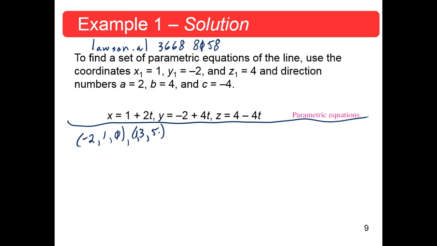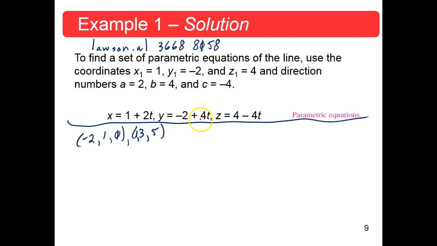Sorry, crowded there. Okay, we need a set of parametric equations for the line that passes through those 2 points. Well, one obvious first choice would be to find the vector between those 2 points. That would make sense, wouldn't it?